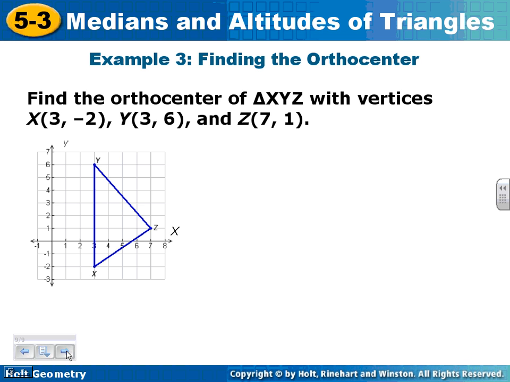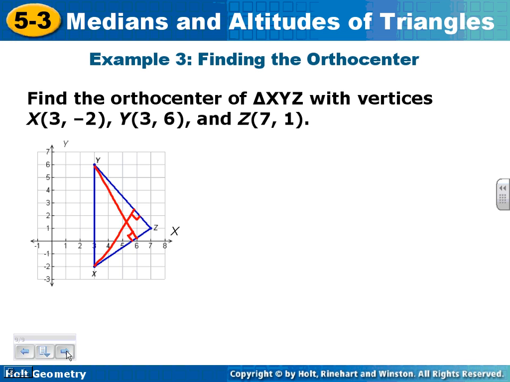Find the orthocenter of triangle XYZ with vertices given, and I have the triangle drawn for you. Remember, it goes from a vertex to the opposite side at a right angle. So if I start up way up top at Y, and I drop a perpendicular in, it'd be like right in there somewhere. And I go from over to the left, angle X. If I drop the perpendicular, it'd be like right there.